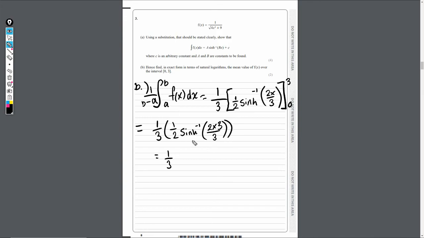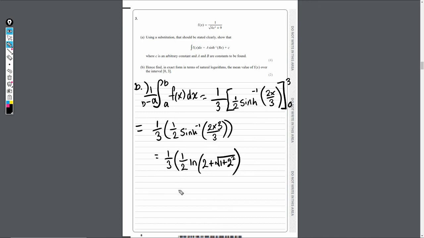And notice now we can use the hyperbolic sine inverse and put it in the logarithm form because it wants it in terms of logarithms. So just like the last line of working we had, where it was a half ln of 2x over 3 plus the square root of 1 plus 2x over 3 all squared, we're going to do that again. So put it in that form. It's going to be a half ln, in the bracket here now, 2 plus the square root of 1 plus 2 squared, because 2 times 3 is 6, divided by 3 gives me 2.